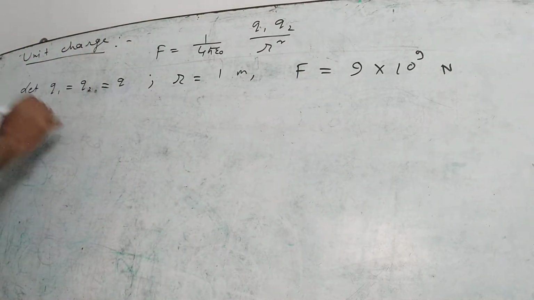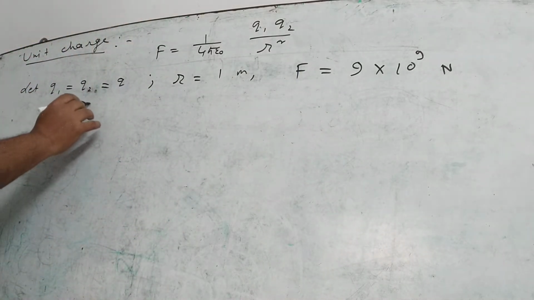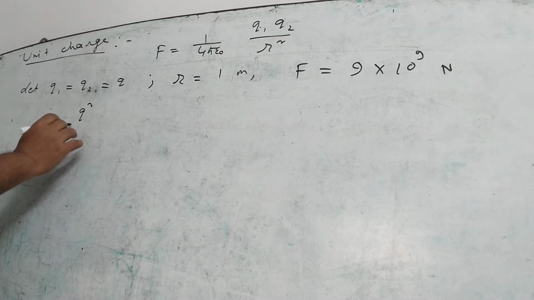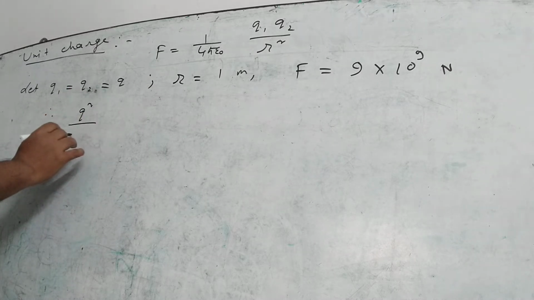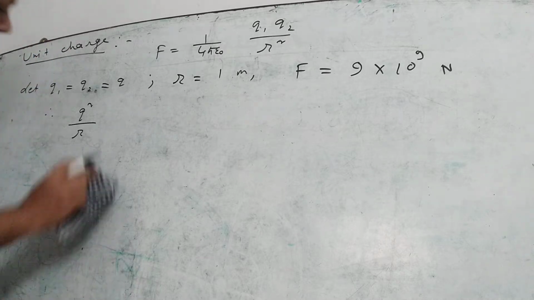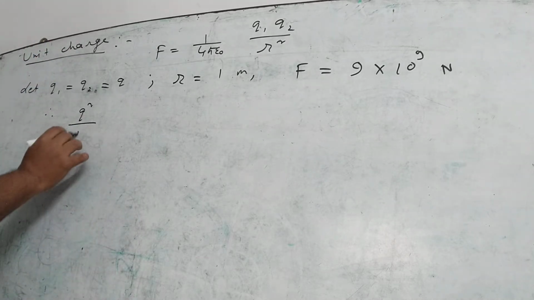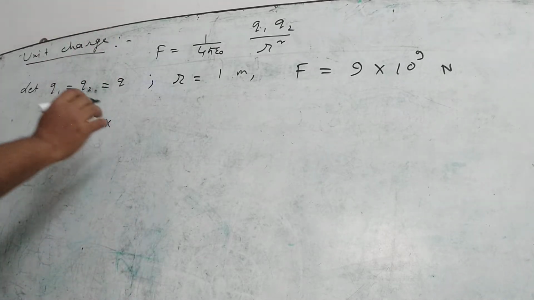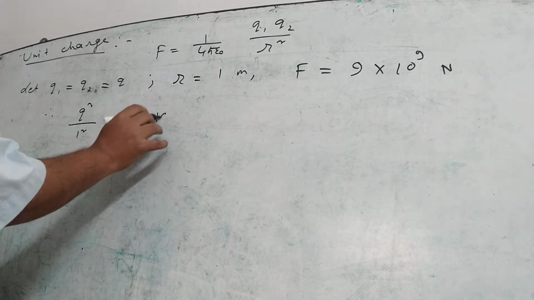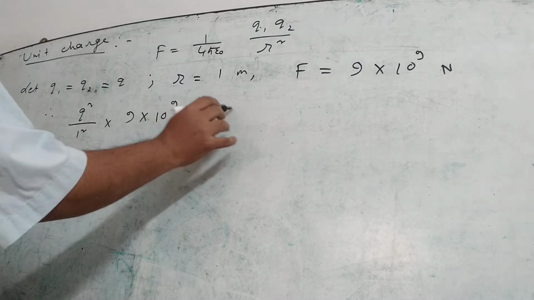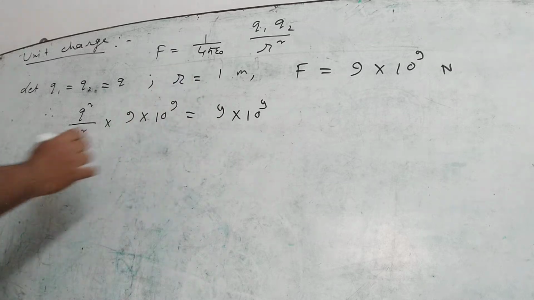Then we can write Q square by 1 square into 9 into 10 to the power 9 is equal to 9 into 10 to the power 9.